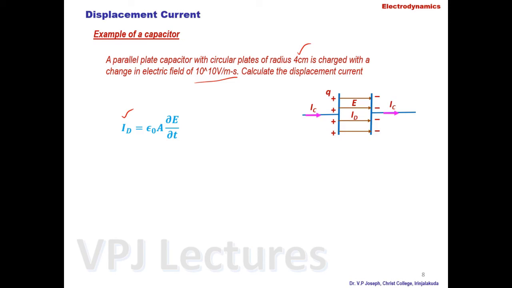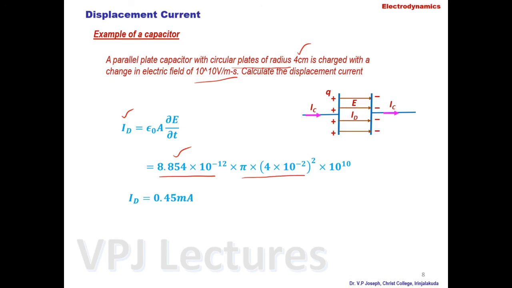ID is equal to epsilon 0 A into dou E by dou t, and the value of epsilon 0 is substituted. Then the area, it is a circular plate with radius 4 cm, so pi r square changes to pi into 4 into 10 raised to minus 2 meter, whole square.